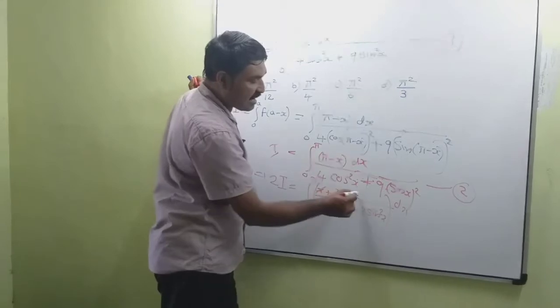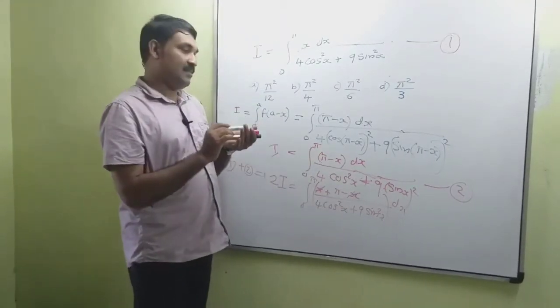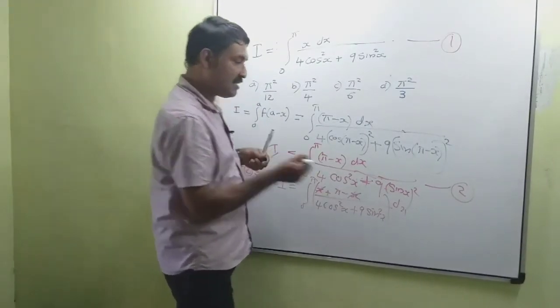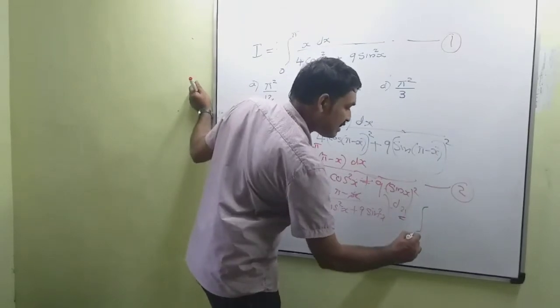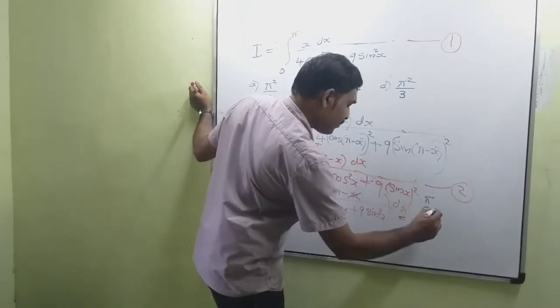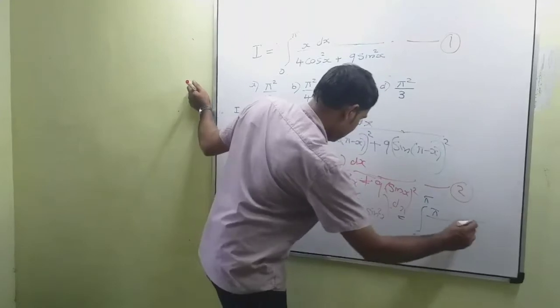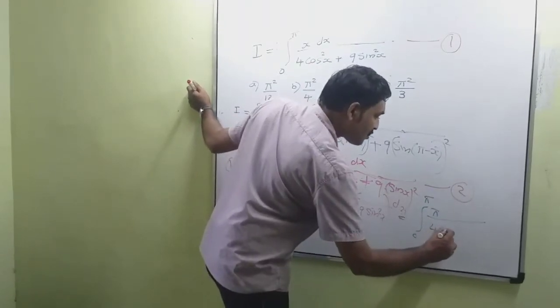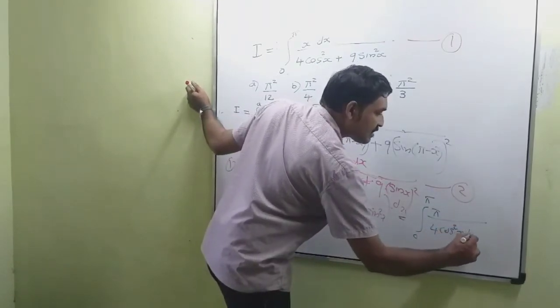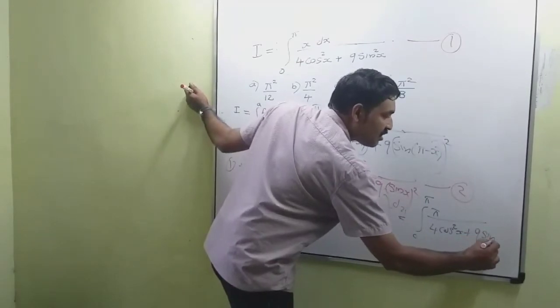This x and x get cancelled. So we can write this is equal to the integral from 0 to pi of pi divided by 4 cos square x plus 9 sin square x.